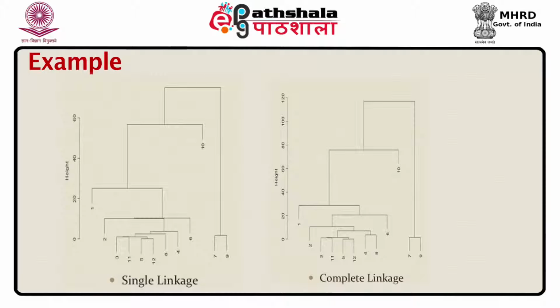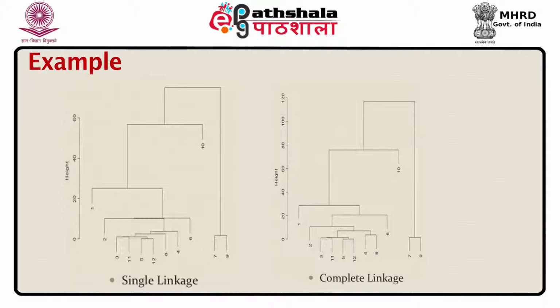There are two interesting things to look at when we compare the two trees here. One is that the trees by the two methods are slightly different. If you look very closely, you'll see that in the single linkage method, 8 clusters with 3, 11, 5 and 12, and then this group of individuals clusters with 4.